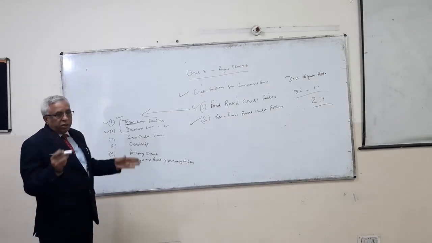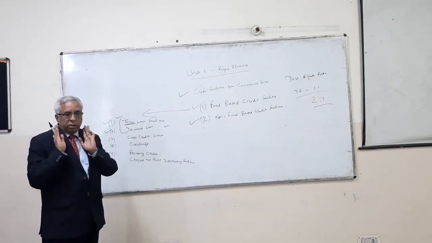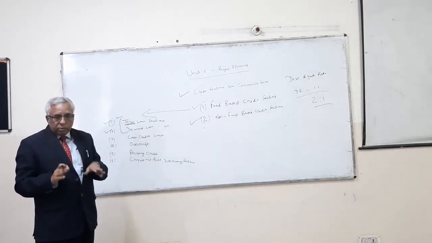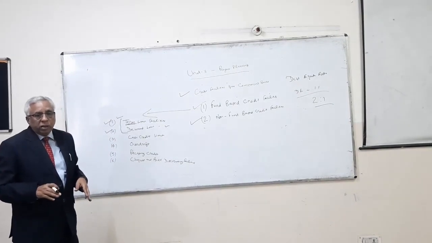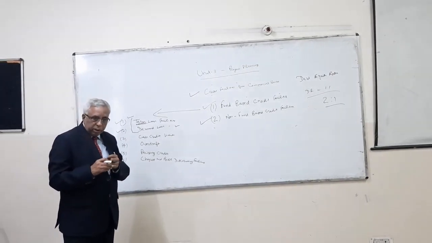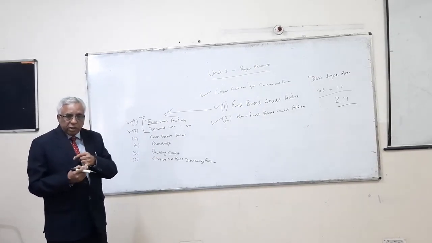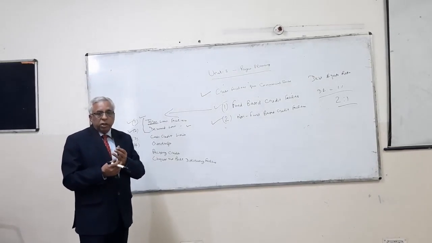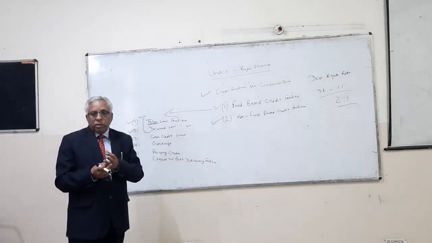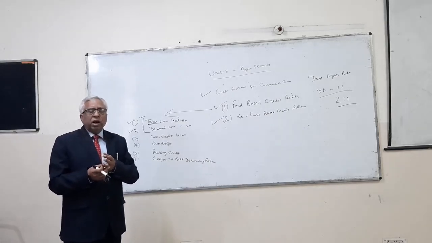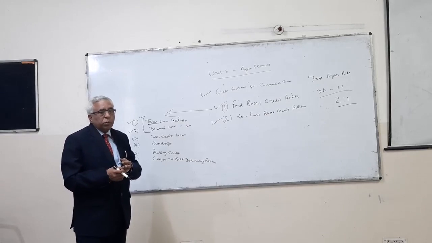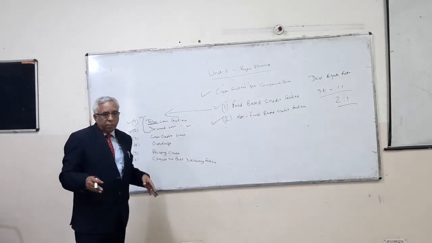Whatever is in the debit side of your profit and loss account, trading account, like purchase of raw material, payment of wages, then payment of salaries, insurance, installments, and stationery and other items which you are supposed to maintain on your daily basis.